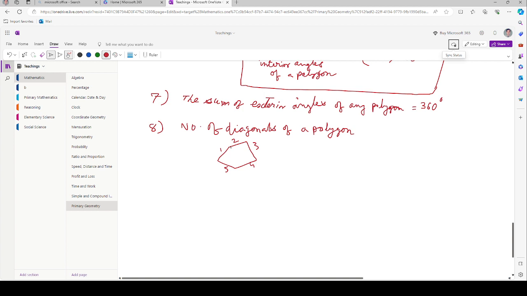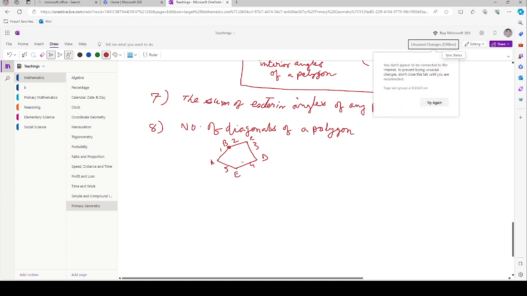If we join 2 vertices here, A, B, C, D and E, 5 vertices. So if we join any 2 vertices, then we will get either a side of this polygon or a diagonal.